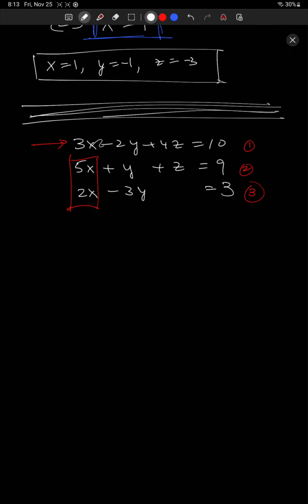So if this was equation 1, equation 2, equation 3, our first step in terms of clearing is we multiply something to equation 1, add it to equation 2. All right. So what do I do in this case? I need to multiply something to equation 1 to clear equation 2. So the equation 2 has a 5x. So I need to multiply something so that I see a minus 5x, right?